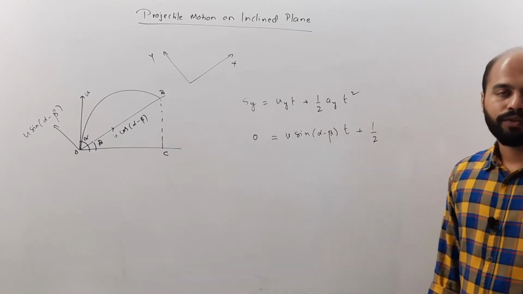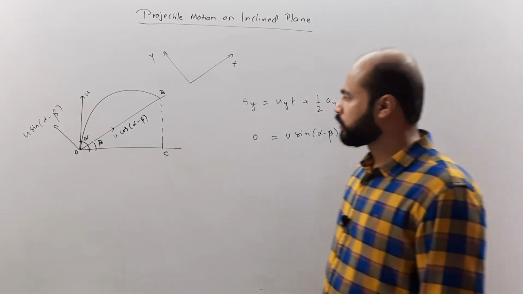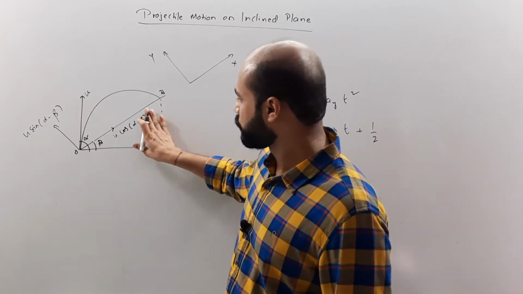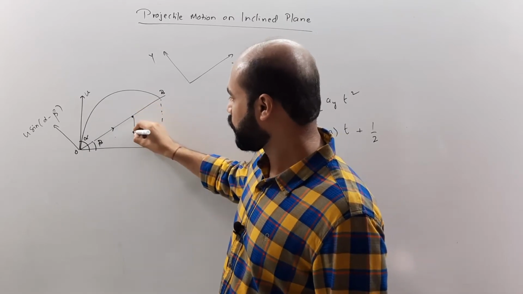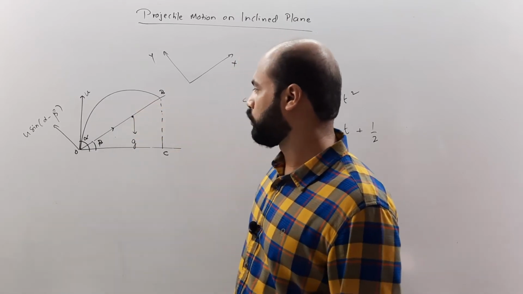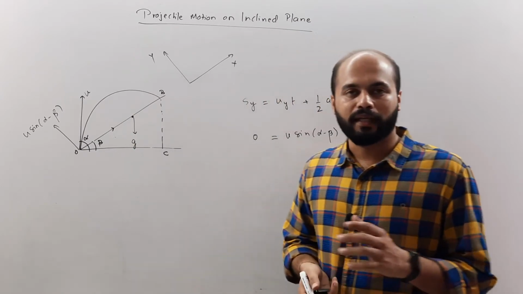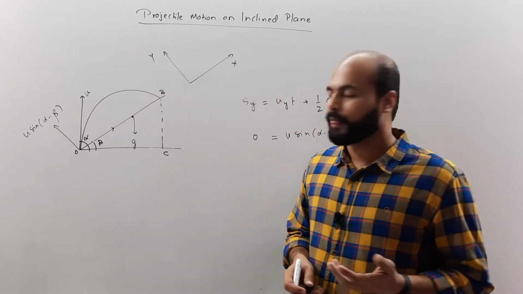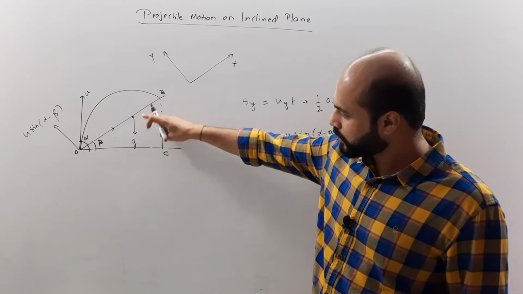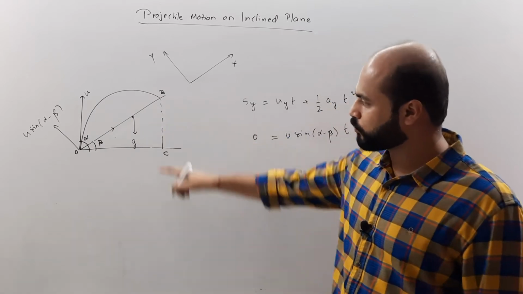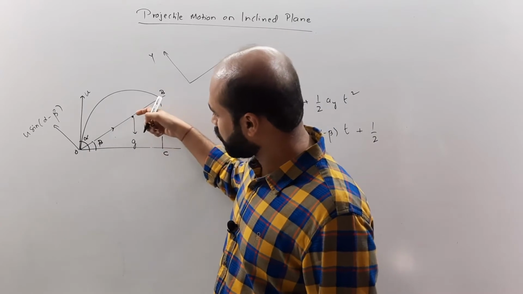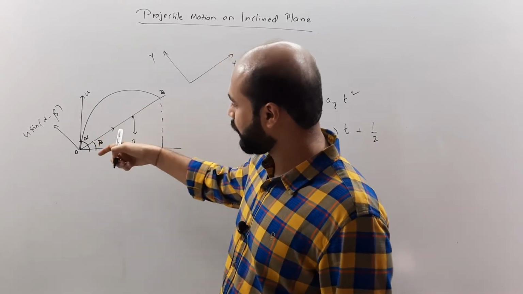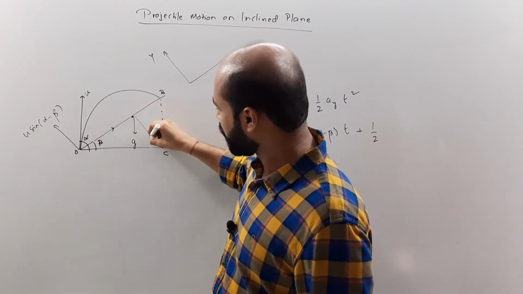Now here comes the catch. You can see that if I choose a random point over here this way, we know that g is always acting towards the ground. Because of the inclined plane, the g won't change its direction. But then if this is g, we can write something along this inclined plane, and we can write something along this also.